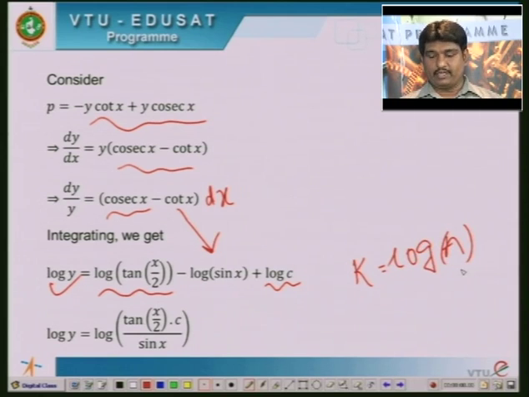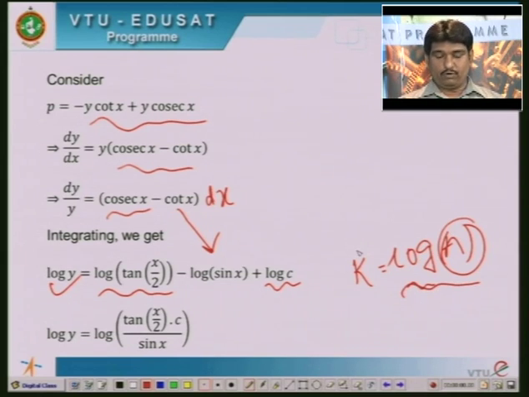Log a can be negative, but log of a does not exist if a is negative. Log of a negative number does not exist, but log a in total can be negative. So the arbitrary constant k can be written as log c.